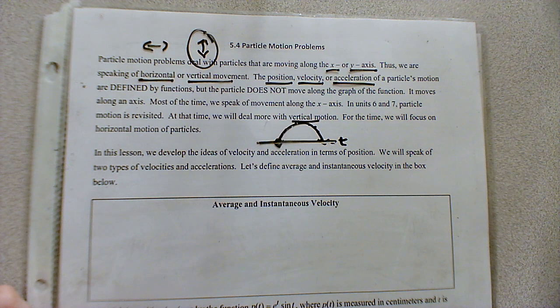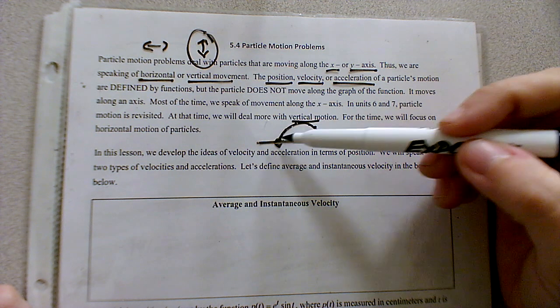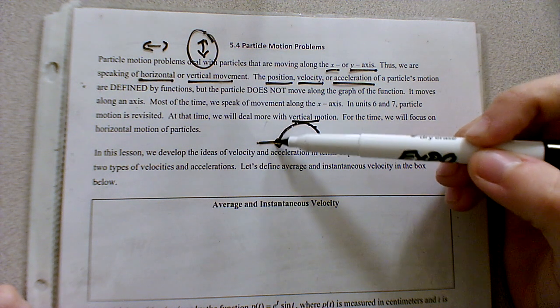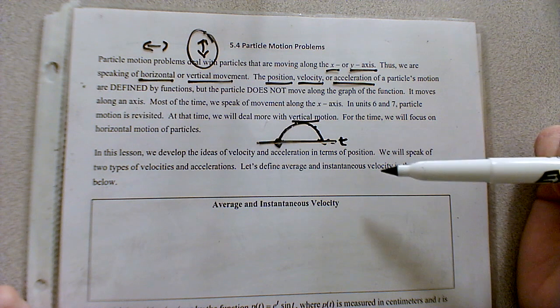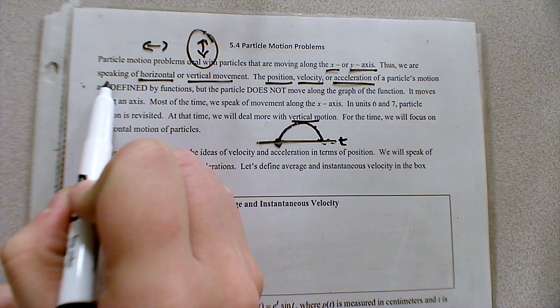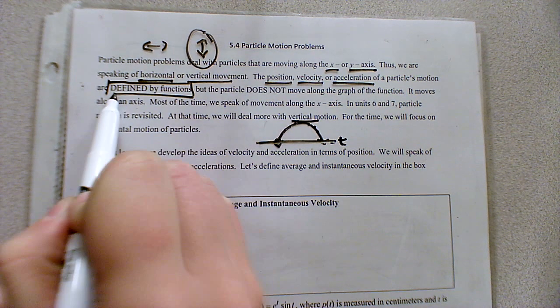So we have to be sure that we understand that whenever we have a position graph, the particle is not traveling along the path of this graph. Okay, this graph is only describing the location of the particle. Okay, so position is defined by functions.